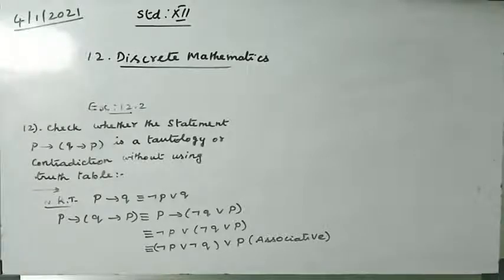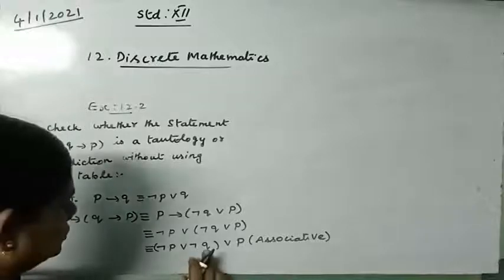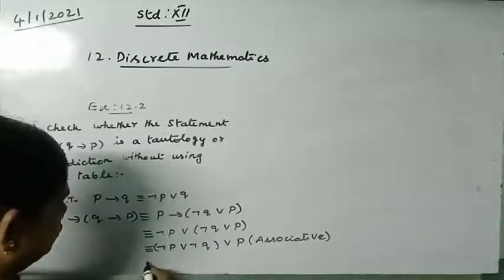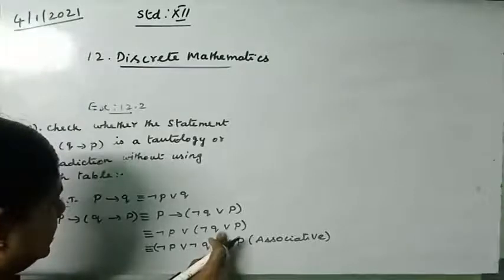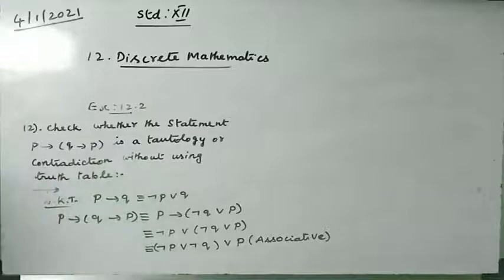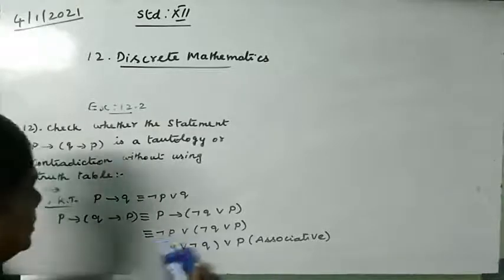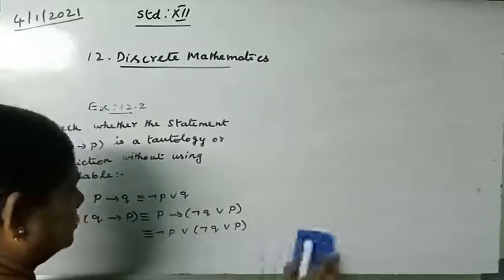Complement or commutative law we can use. So when we use the commutative law, this Q comes here and P can be brought here. First use commutative law, then associative.